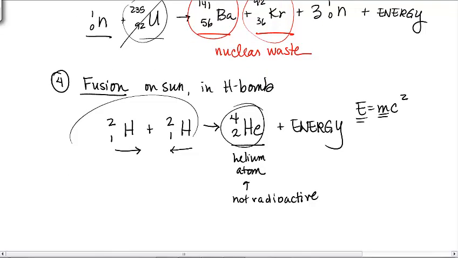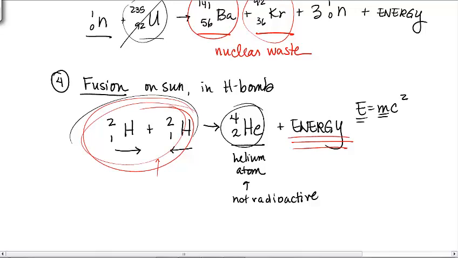But the trouble is that it takes so much energy to get this to happen, it's too difficult to get to that high of a temperature in order to cause it to happen, and then the amount of energy we get out is difficult to harness. It happens on the sun all the time because of the high temperatures, and this energy is what fuels the sun.